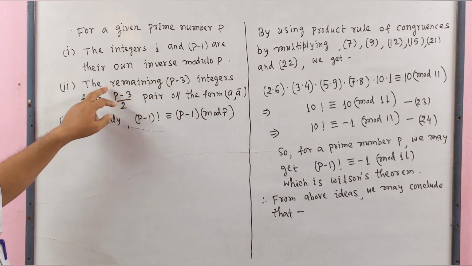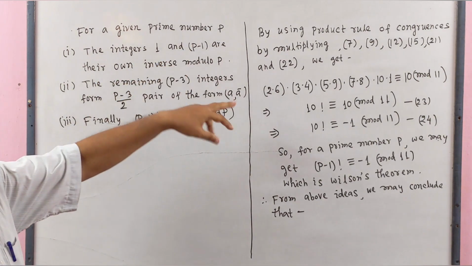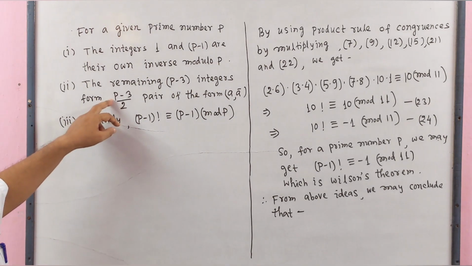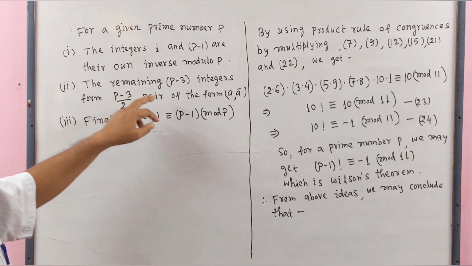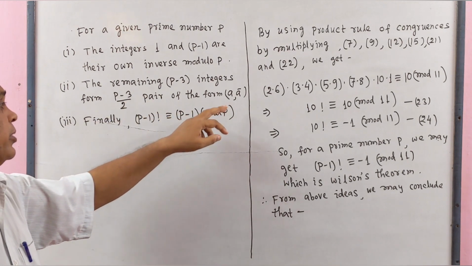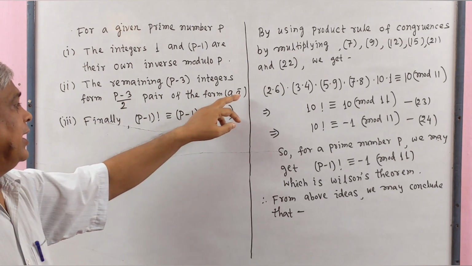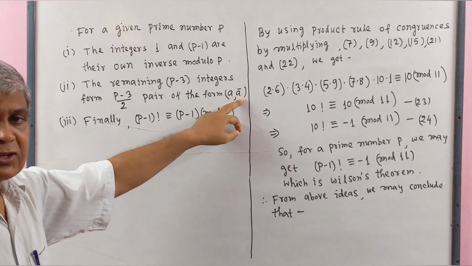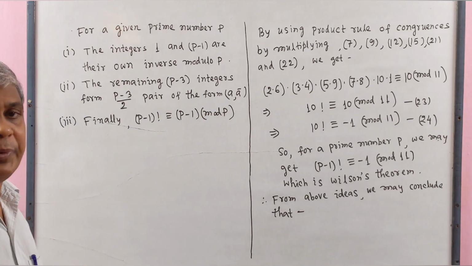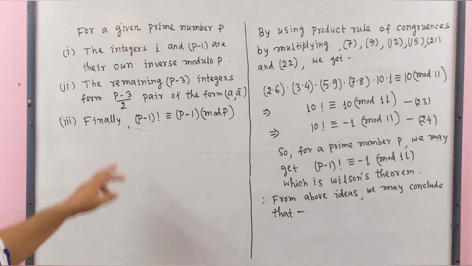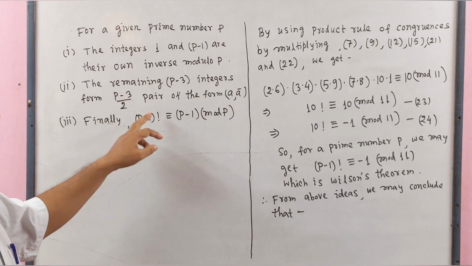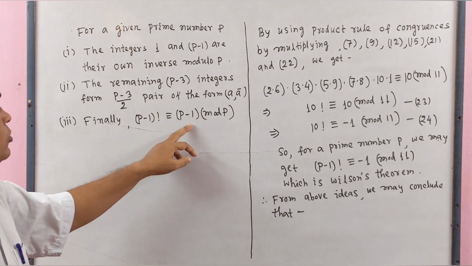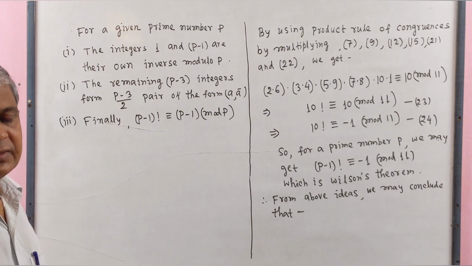These remaining p minus 3 integers form p minus 3 by 2 pairs of the form a and a bar, where a bar is the inverse of a modulo p. And finally, factorial p minus 1 is congruent to p minus 1 modulo p.